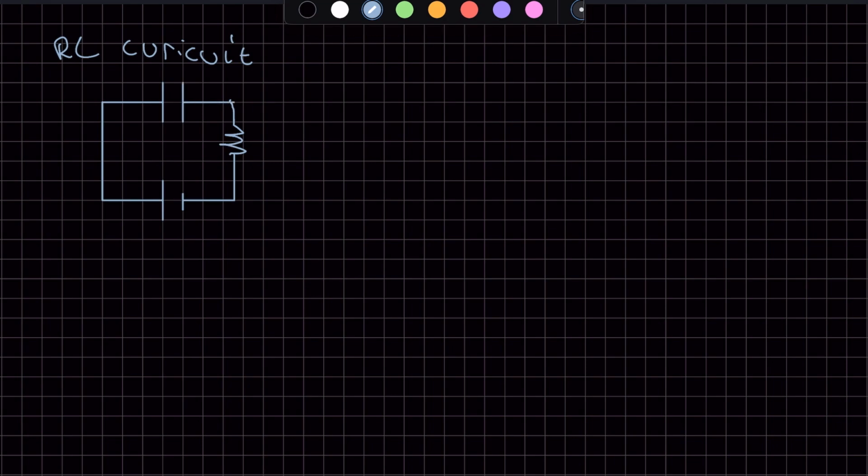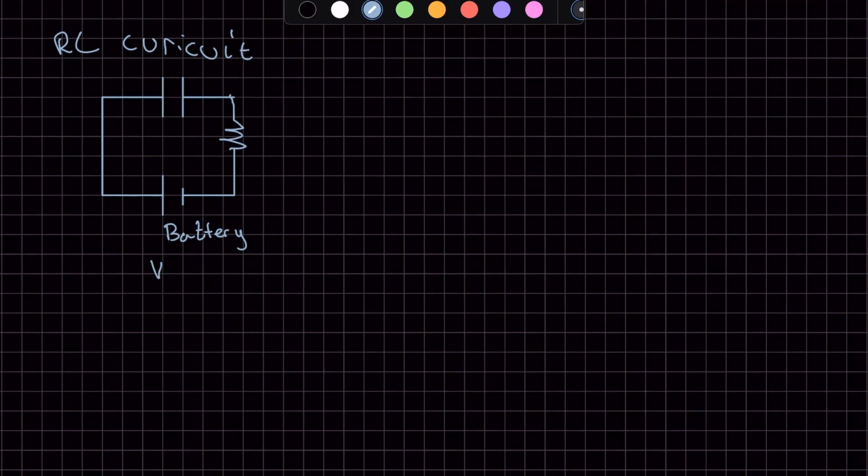So this is an RC circuit, and here we have a battery, which is applying some potential difference V, and here we have a resistor with resistance R, and a capacitor with capacitance C. Now, there's something in electricity and magnetism called Kirchhoff's loop rule.